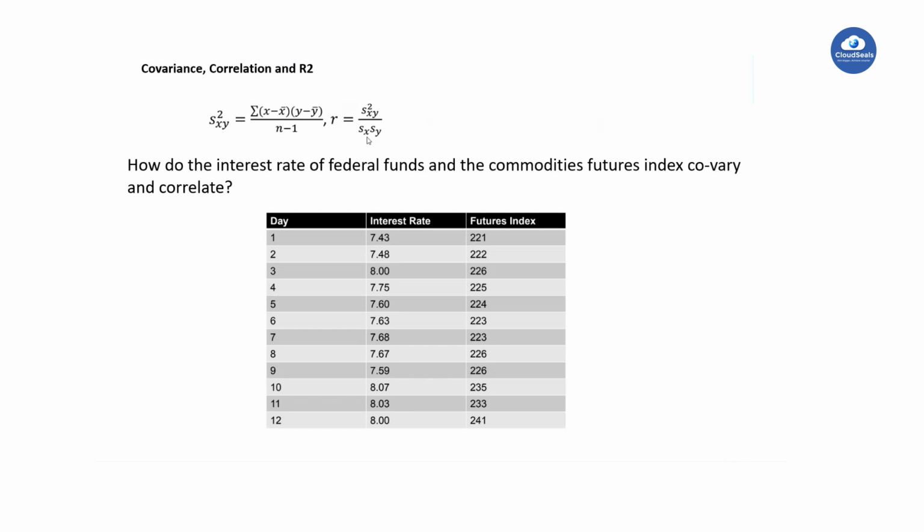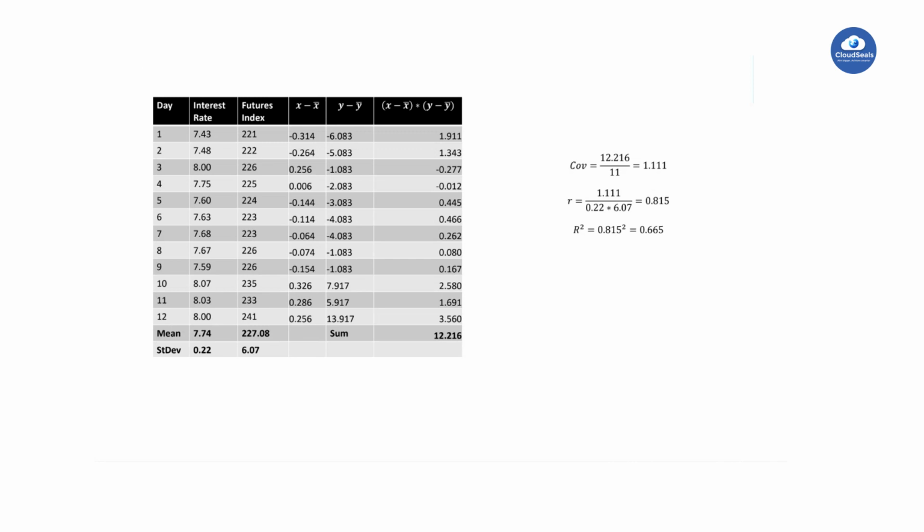We want Sx, so we'll send this square to the other side. Sx is equal to the square root of sigma of x minus x bar squared by n minus 1. The same formula applies for Sy: Sy is equal to the square root of sigma of y minus y bar squared by n minus 1. That is the standard deviation.